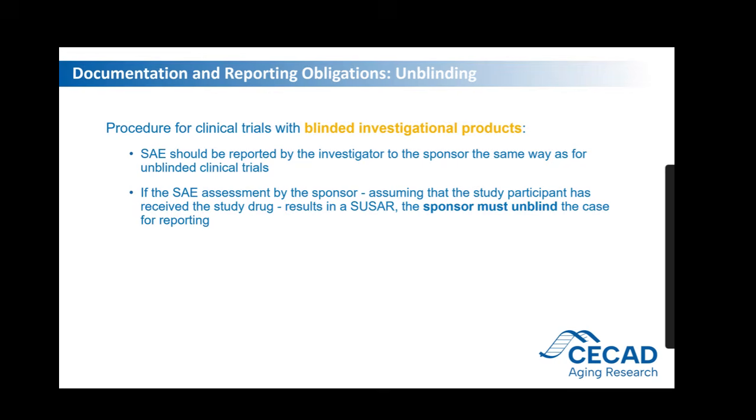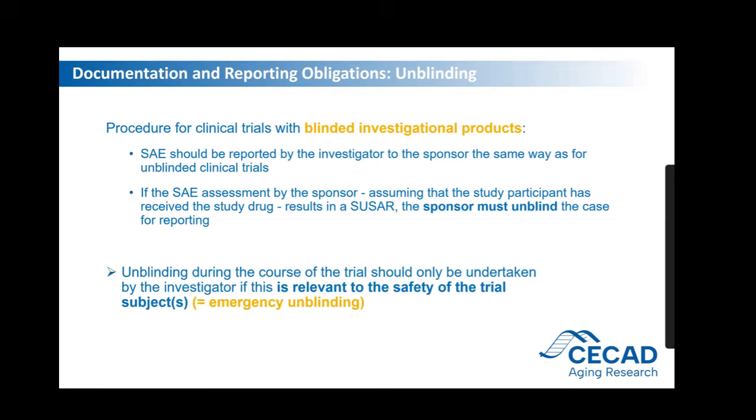If the serious adverse event assessment by the sponsor, assuming that the study participant has received the study drug, results in a SUSAR, the sponsor must unblind the case for reporting because we cannot report in a blind way. So unblinding during the course of the trial should only be undertaken by the investigator if this is relevant to the safety of the trial subject.